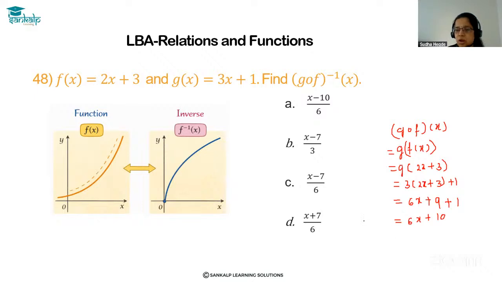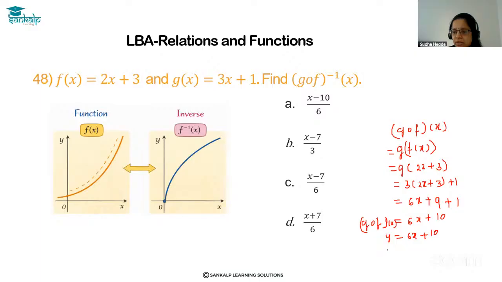So g composition f of x is equal to this. Okay, take this as y. So y is equal to 6x plus 10.